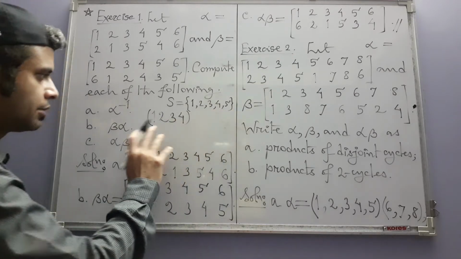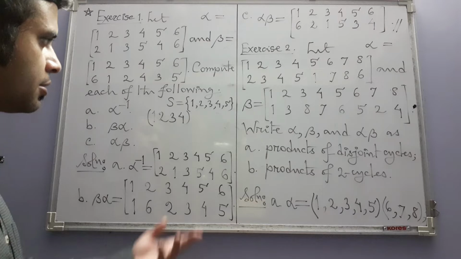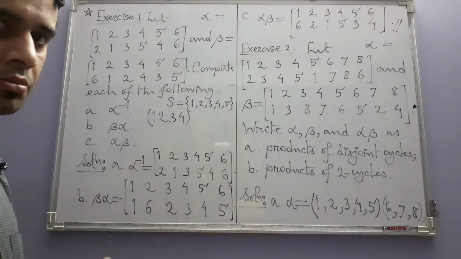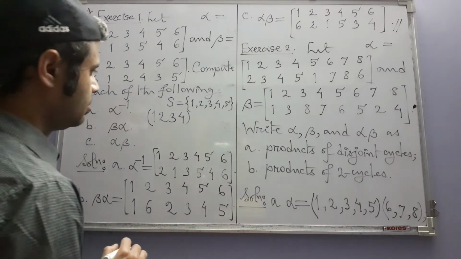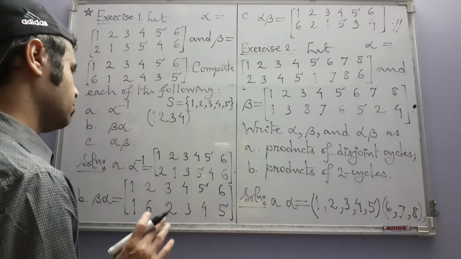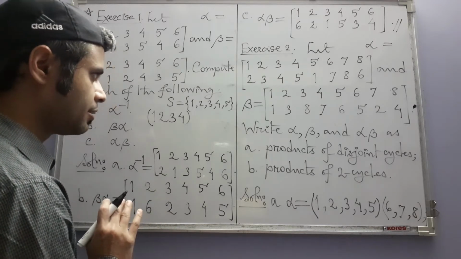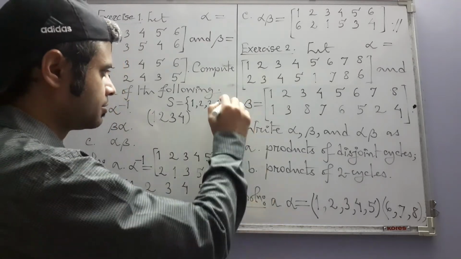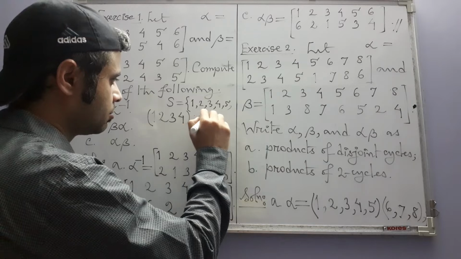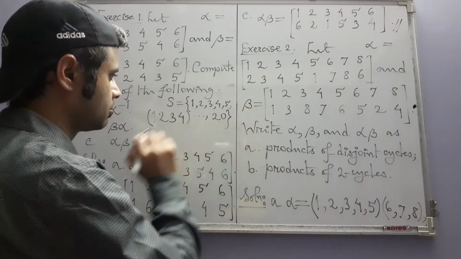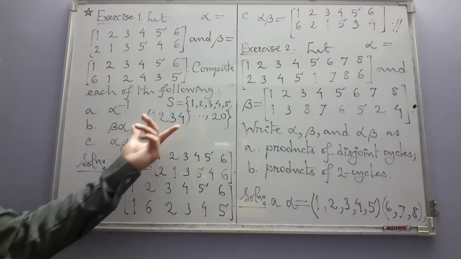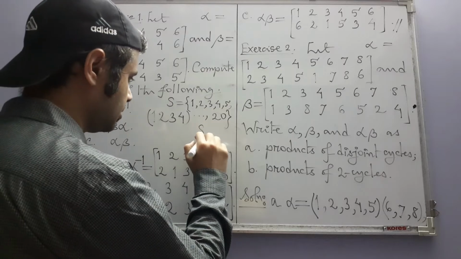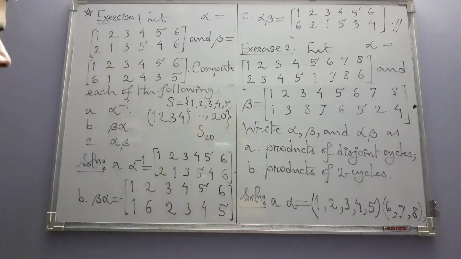There is 5 also which is not appearing in this permutation, which means we know that 5 is unchanged by this permutation, so we don't write 5. Okay, so fine, in this set there will be no confusion. However, if you increase the number of symbols, say it goes on till 20, so that this is an element in S20, the symmetric group of degree 20.